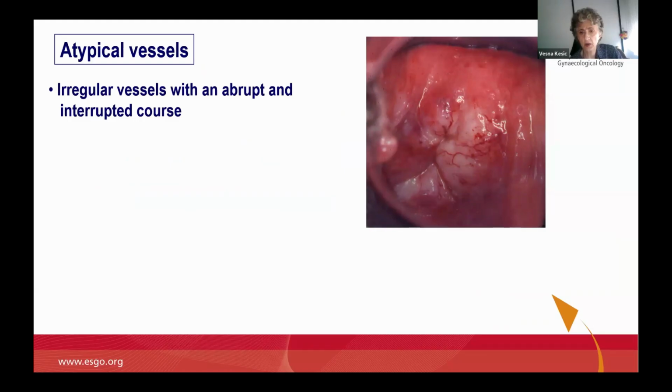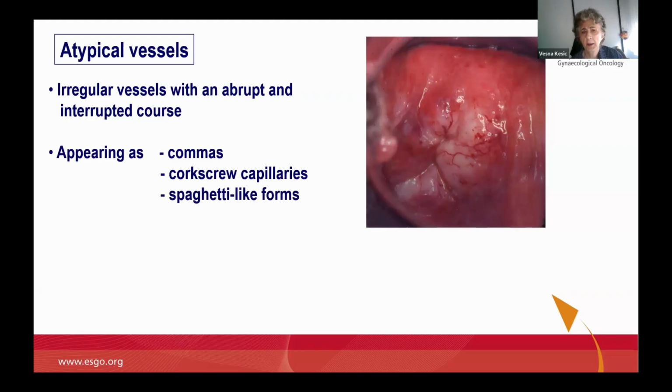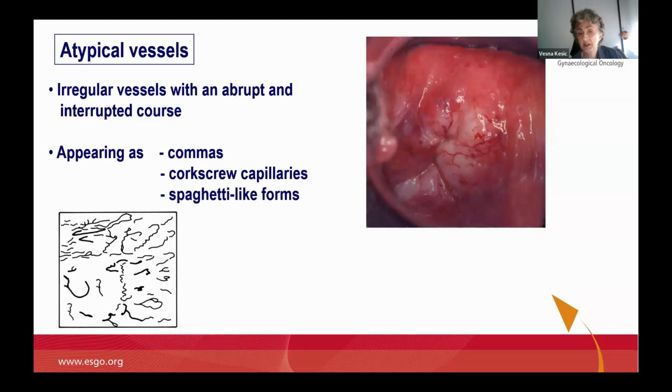They appear on the surface and then suddenly disappear. They have an interrupted course, look as comma, corkscrew capillaries, spaghetti-like forms. There are different forms which are definitely not reminding of a tree-branching normal vessel, which we see in normal epithelium.